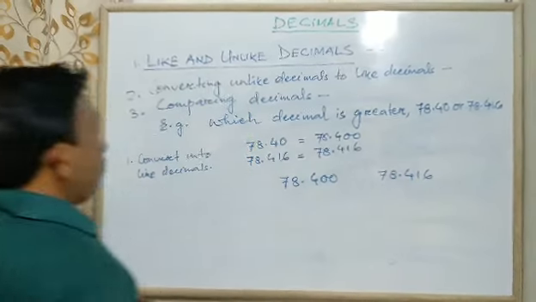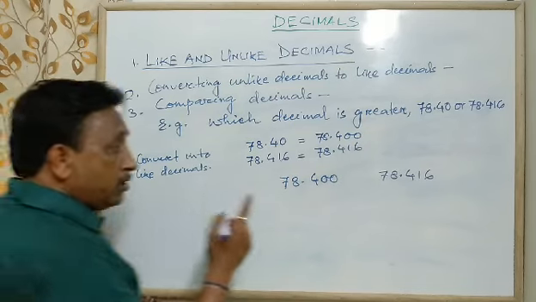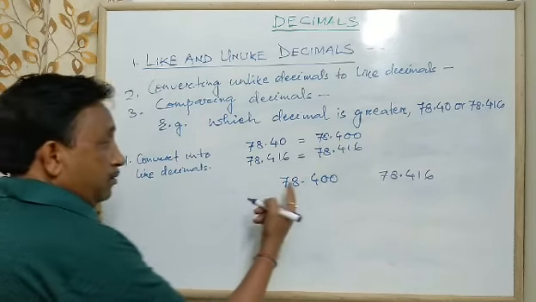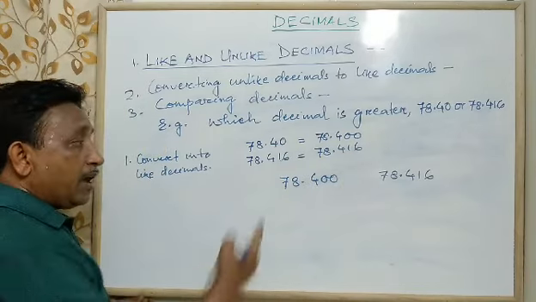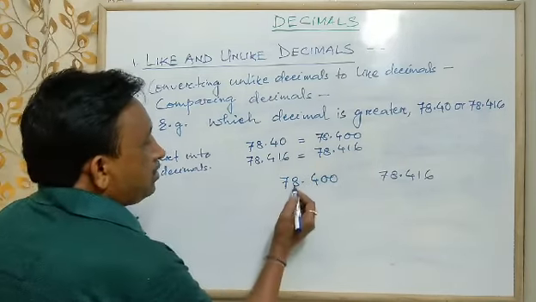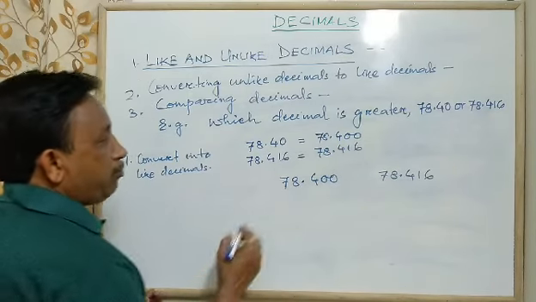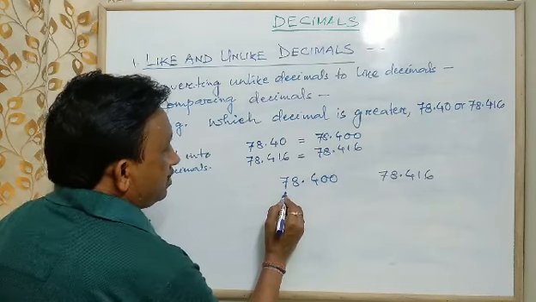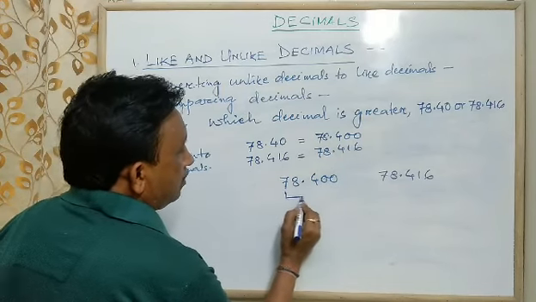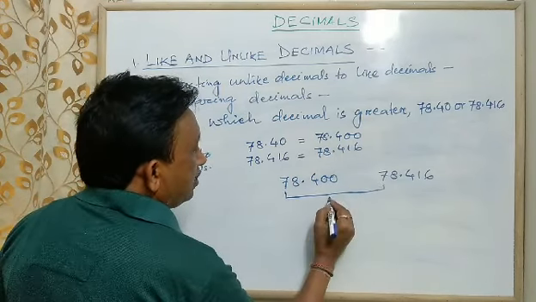Now how do we compare the decimals? We start comparing the values in the different places of the number. We start with the whole number place, the tens place. This is 7, this is also 7, so 7 is equal to 7.